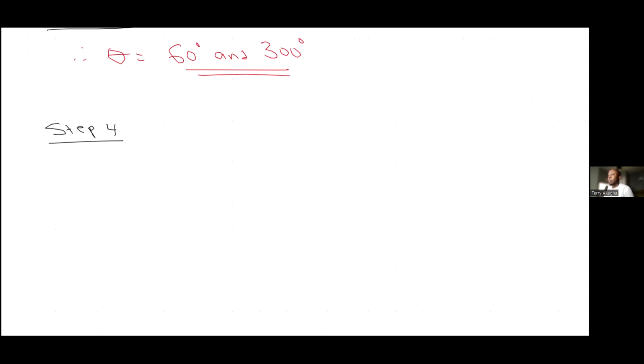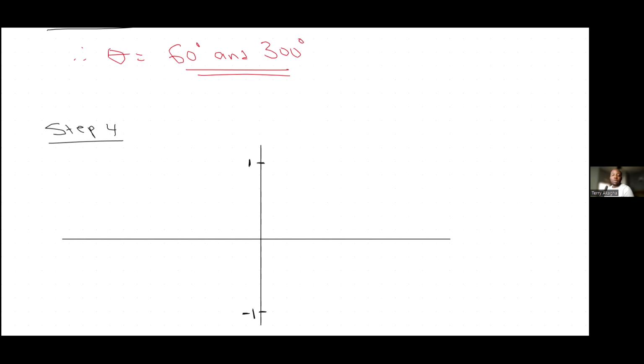So we have something like this. Remember, for the cosine graph, the maximum we have is 1 and the minimum we have is -1. I've done this already in a previous video.